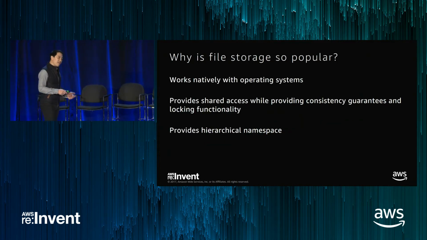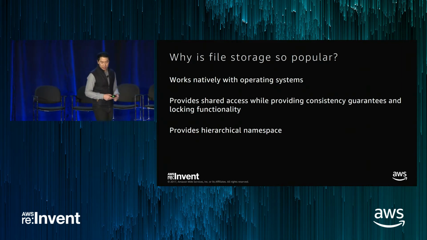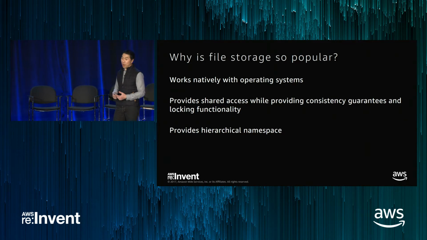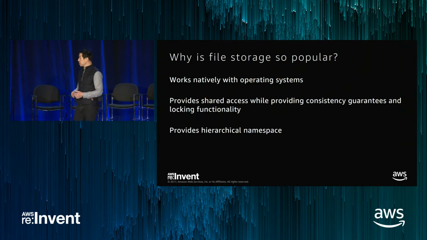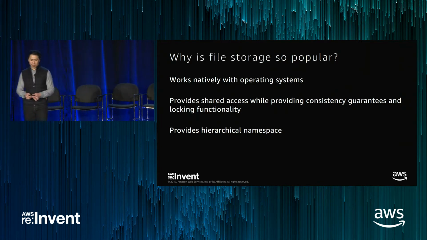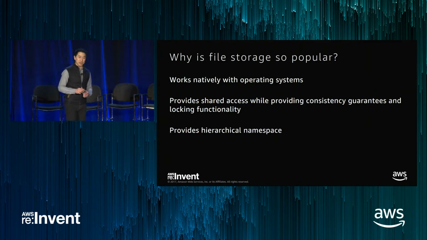So why is file storage so popular? First, it works natively with operating systems. Operating systems are designed around file storage. It's the abstraction layer by which operating systems represent their files. It also provides shared access while providing consistency guarantees and locking functionality.